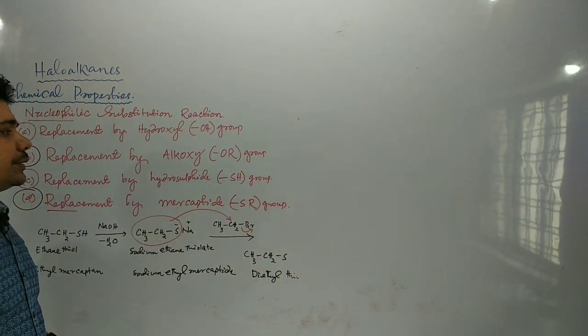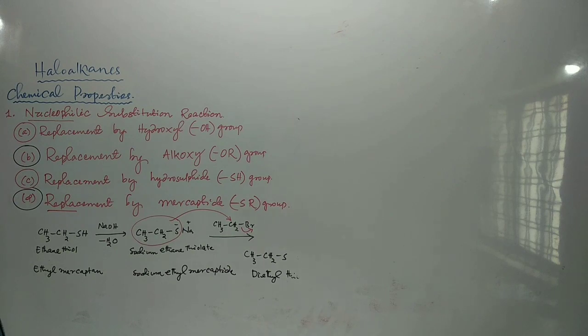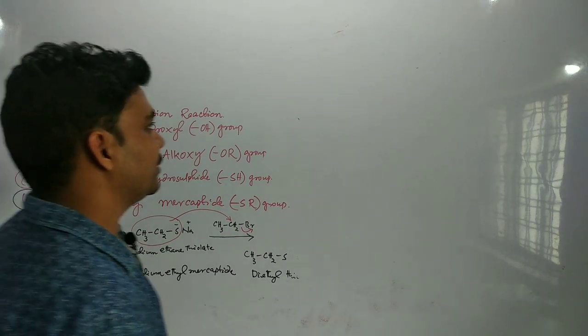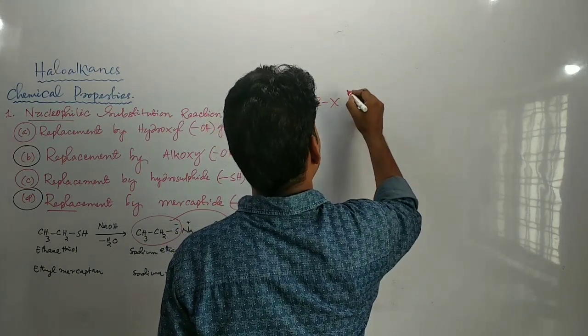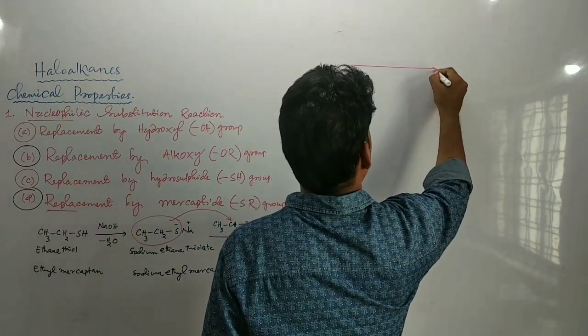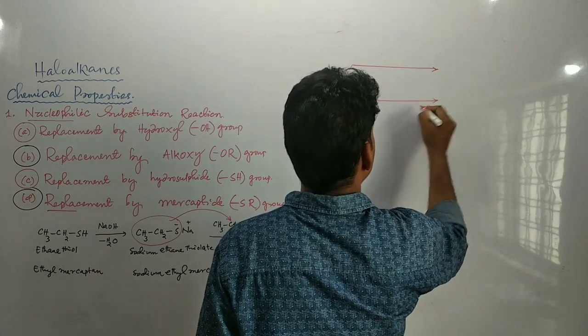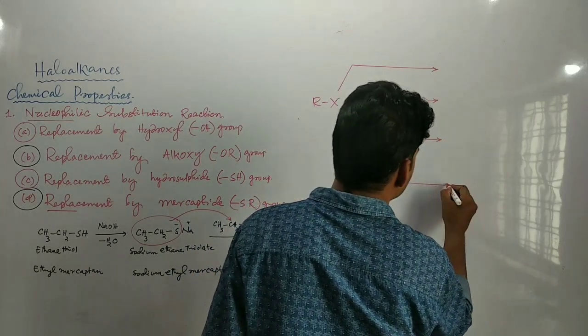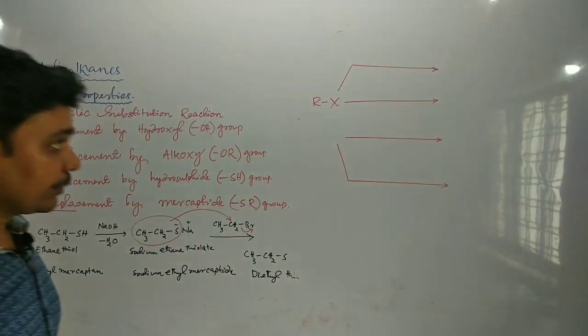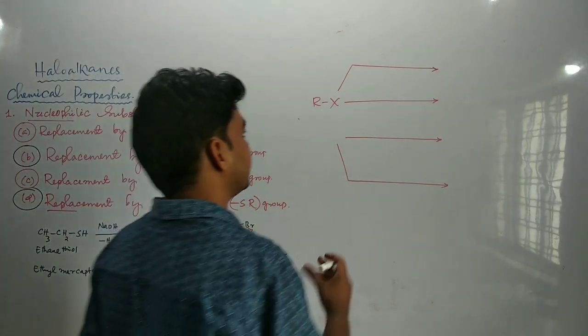In the third case, replacement by hydrosulfide ion, and in the fourth case by mercaptide ion. So this is our alkyl halide substrate, and four different nucleophilic substitution reactions have been discussed so far.